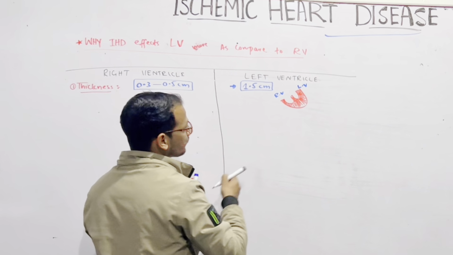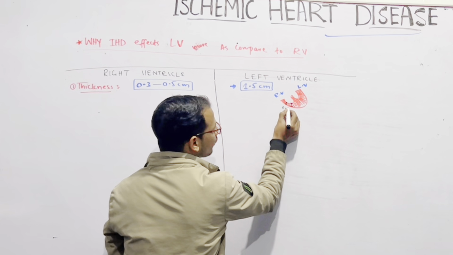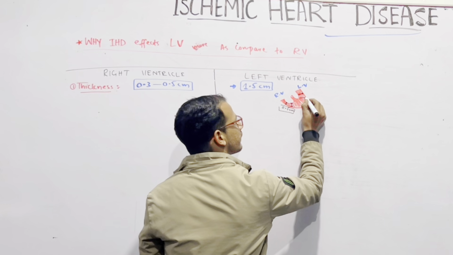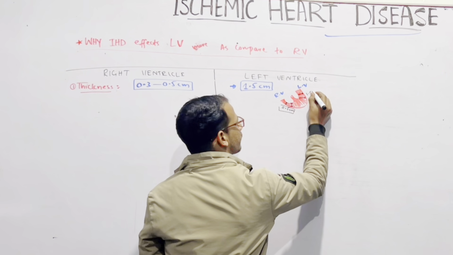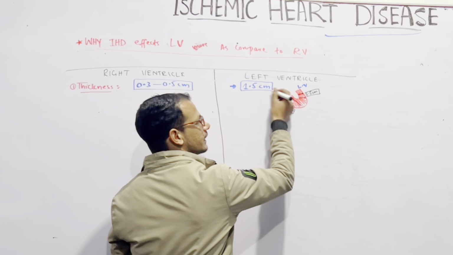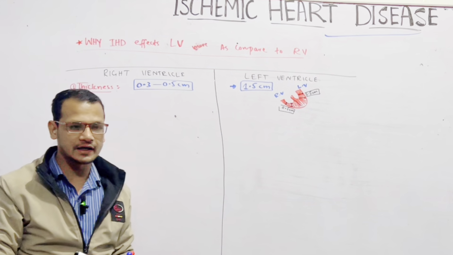This thickness is 0.5 centimeter, and this thickness is 1.5 centimeter. So the left ventricle is more thickened than the right ventricle, so it will demand more oxygen than the right ventricle.